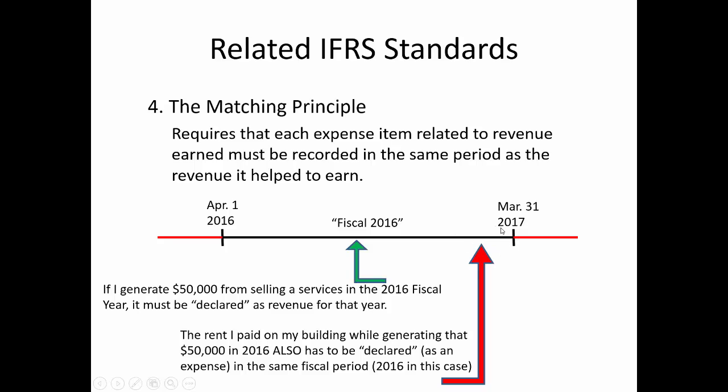So even though I only own that car for 3 months, even though I might not sell it for another 10 years, the fact that I used it for 3 months to generate that $50,000 in revenue, I have to declare part of the value of that car towards the expenses in generating that $50,000. That's called depreciation, and we will be covering that later in the course.